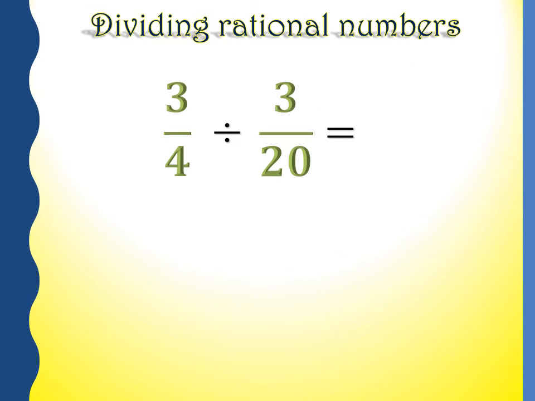For example, here I need to divide 3 over 4 by 3 over 20. I can use the rule of the reciprocal: keep, exchange, flip. Keep the first rational number, exchange the division sign by multiplication, flip the next rational number by finding its reciprocal.